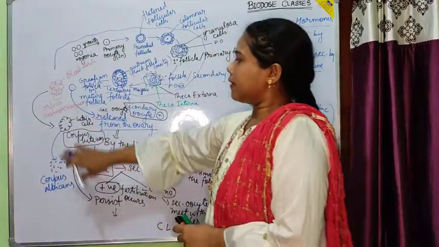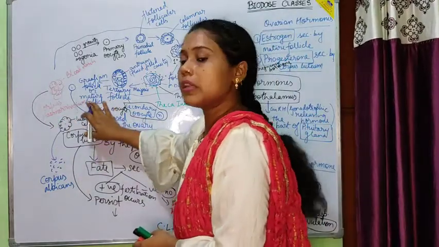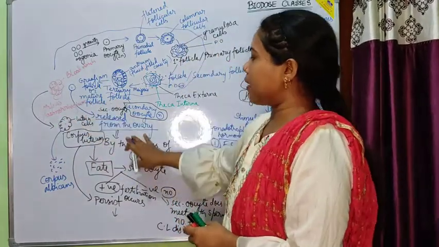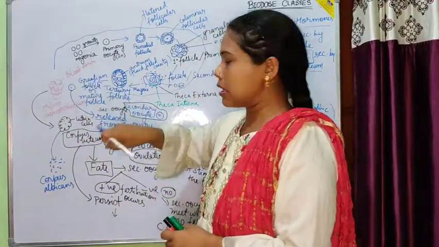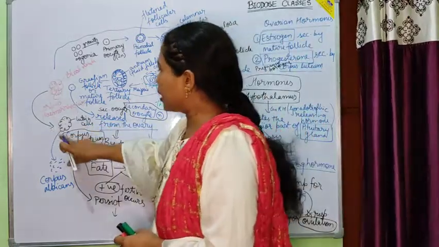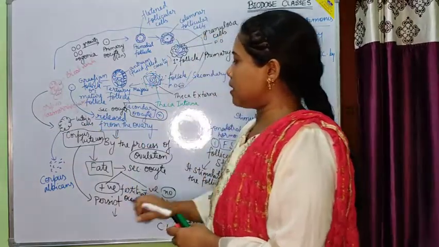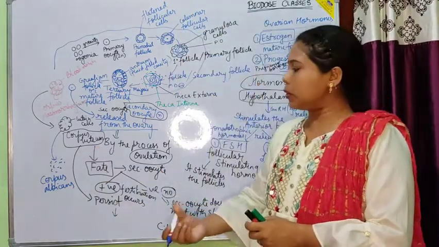So what we are saying? We are seeing that corpus hemorrhagium was the first structure after the release of the secondary oocyte, containing the blood vessels or the leftover part of this Graafian follicle. This would contain the lutein cells. Together with the lutein cells, it would form a structure that is called corpus luteum.